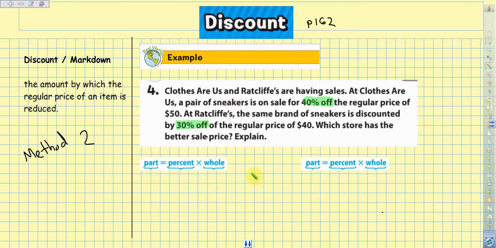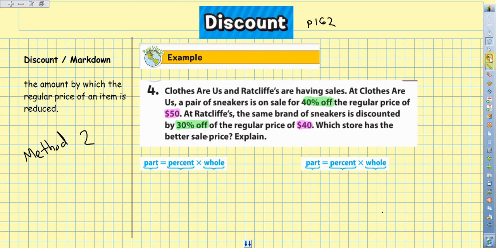Okay, it's 40% of $50. And at Ratcliffe's, it's 30% of $40. So the question is, which one's going to be better? Is it better to have 40% of $50 off, or is it better to have 30% of $40 off?